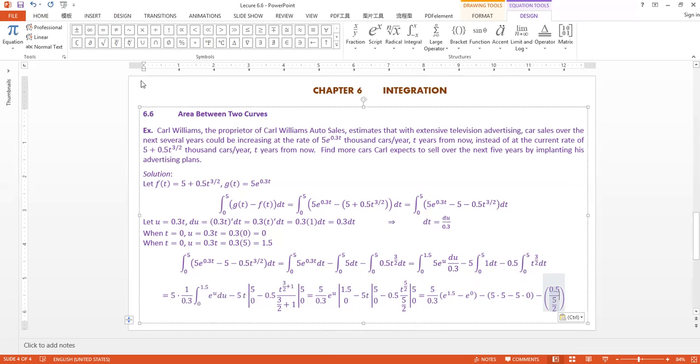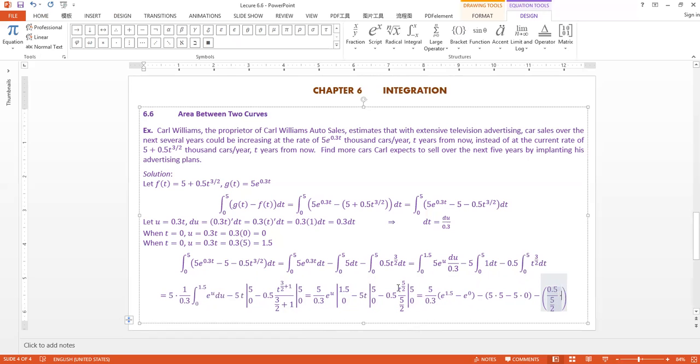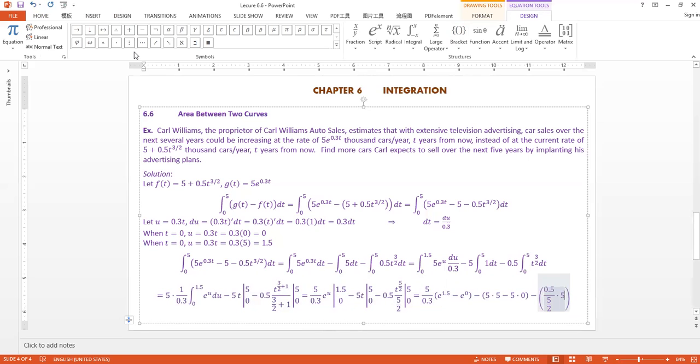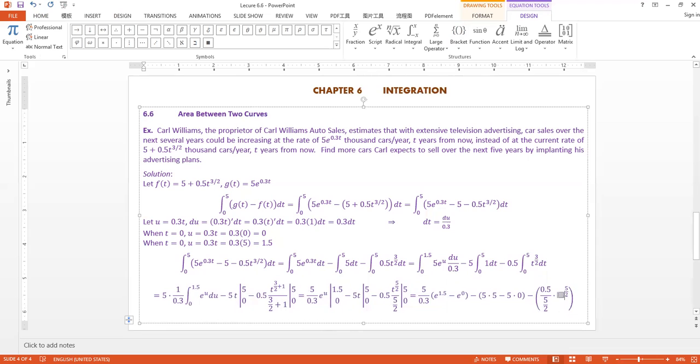So that's multiplied by 5 to the 5 over 2 minus, okay.